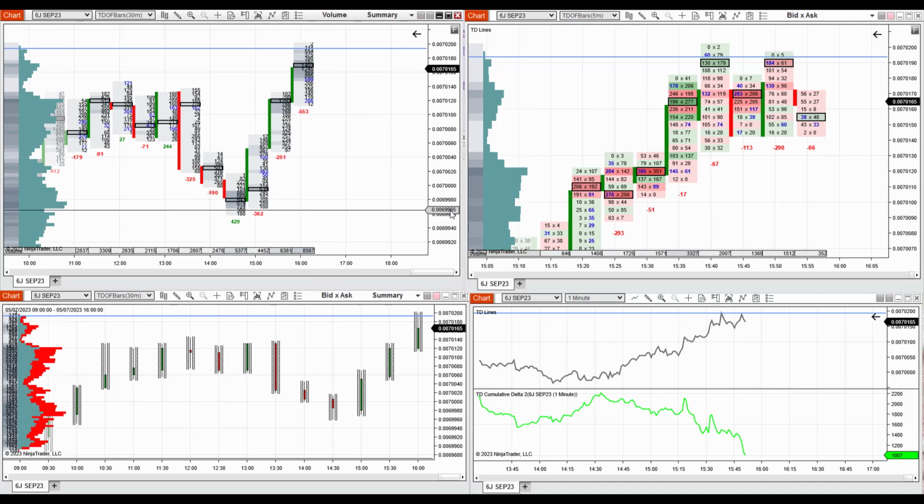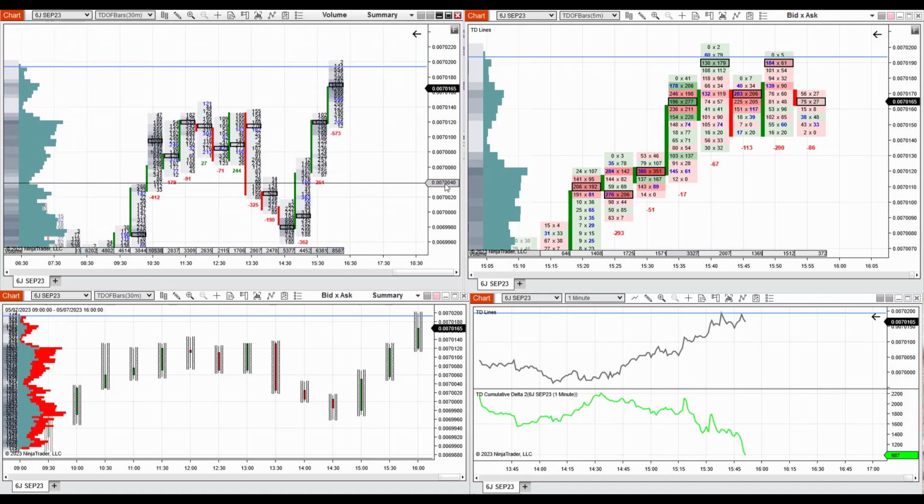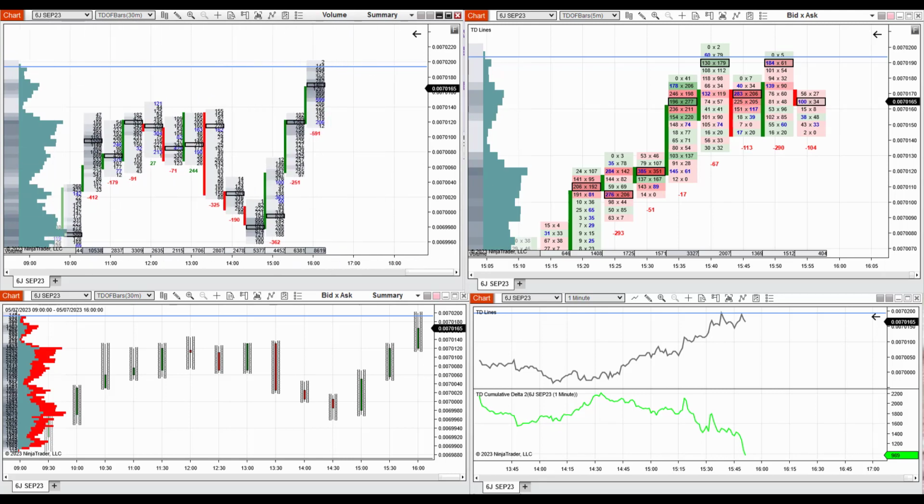Now, let me show you where I aim with the take profit. It's best visible on this 30-minute chart in here. This is a chart that shows total volumes, and I'm aiming for take profit in here.